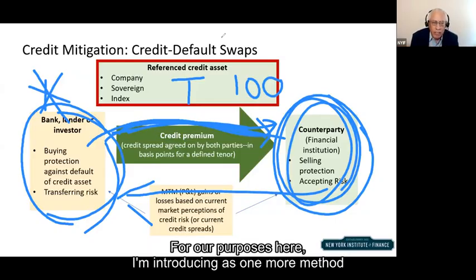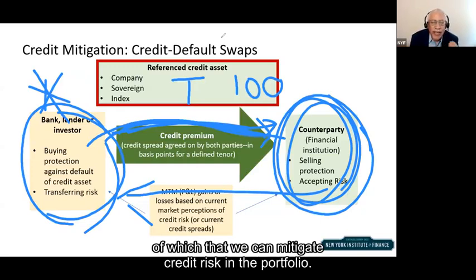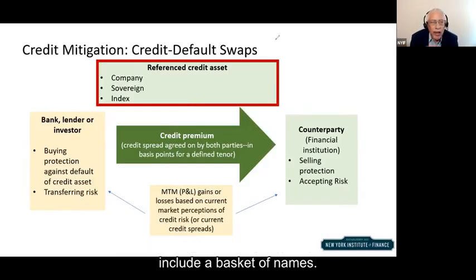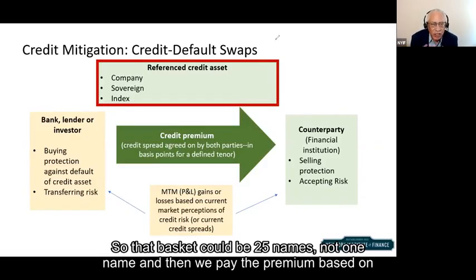For our purposes here, I'm introducing one more method by which we can mitigate credit risk in the portfolio. Now, I mentioned this as Tesla. An index CDS would include not just Tesla, but a basket of names. So that basket could be 25 names, not one name.